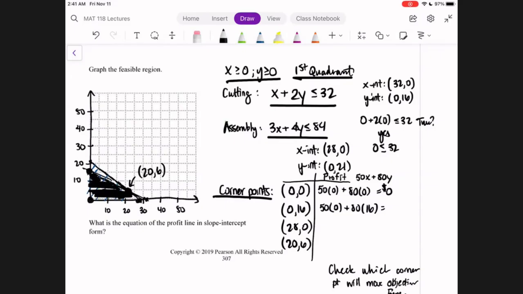Okay. And then 50 times 28 plus 80 times 0. And then the last one, 50 times 20 plus 80 times 6. Let's get our calculator out and see what we would get here. Okay, so let me get my calculator. And let's calculate these.